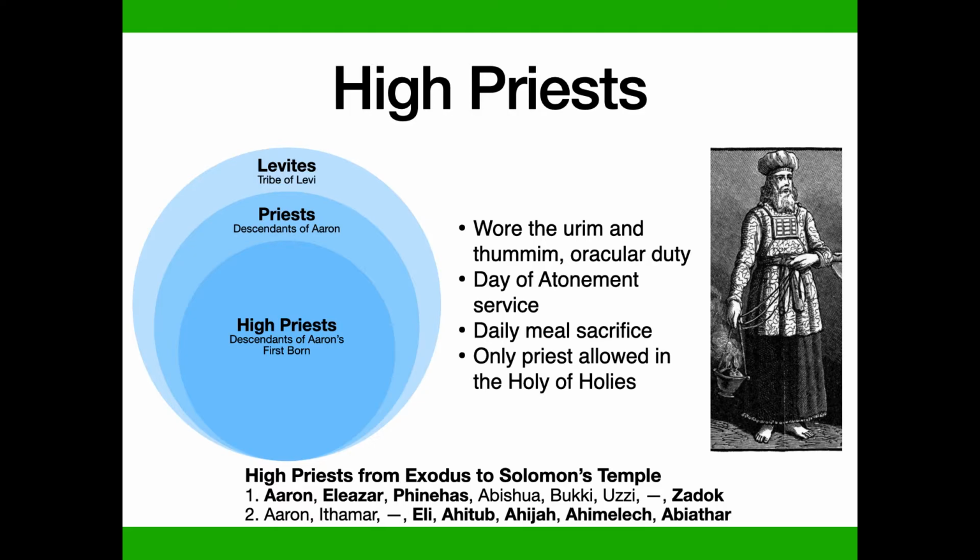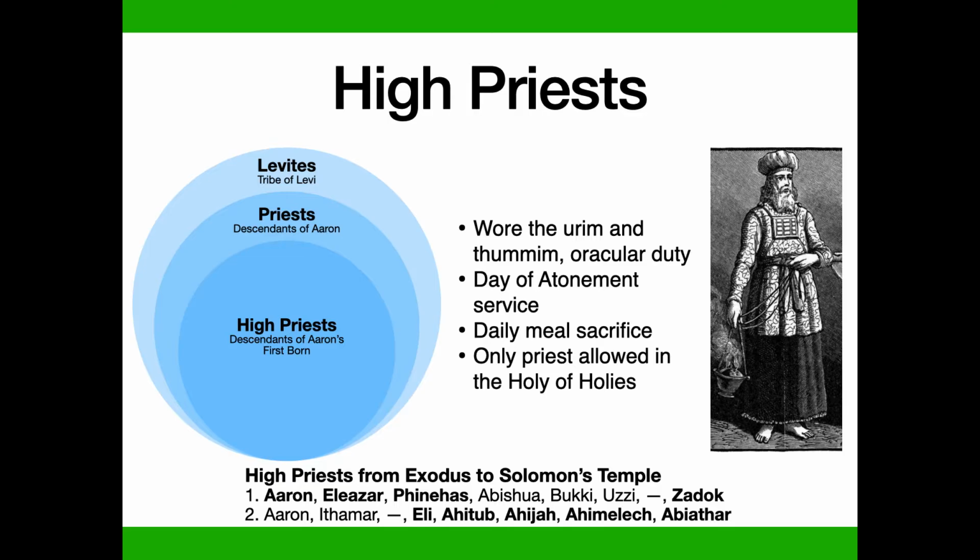So that chart at the bottom, the high priests from Exodus to Solomon's temple, is very interesting, but it's kind of a snooze fest if you don't know who these people are. I'm going to go through it really quick. So Aaron is the first high priest, and then the high priesthood is passed on to Eleazar. Remember, there's only one high priest at a time.